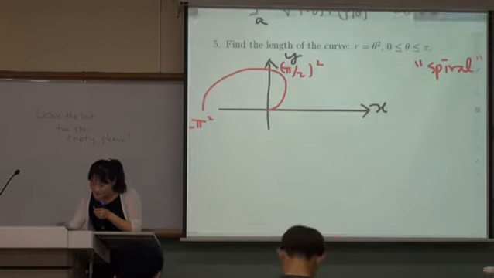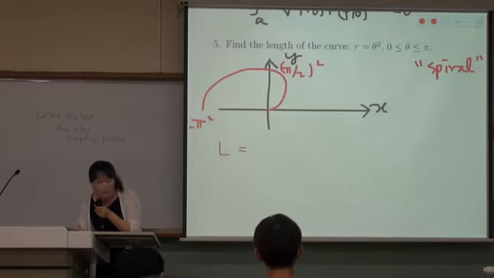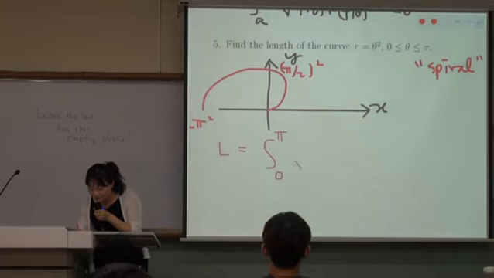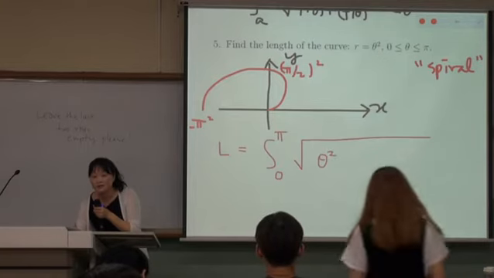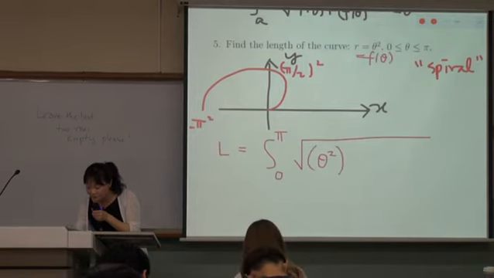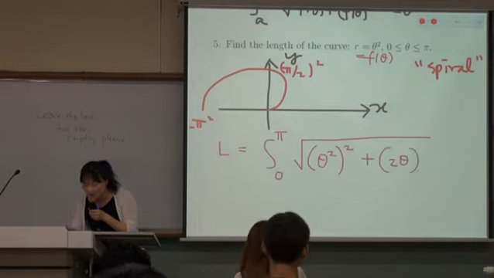Okay. So L is what? Integral 0 to pi of the square root of theta squared, this is f. So f squared plus f prime, what's f prime? 2 theta quantity squared d theta.